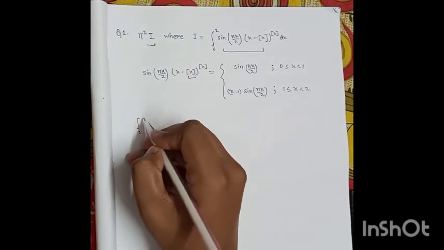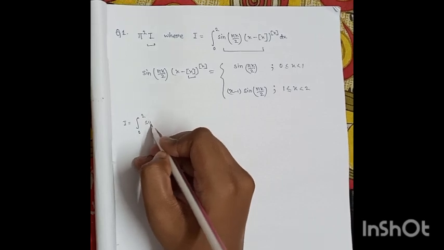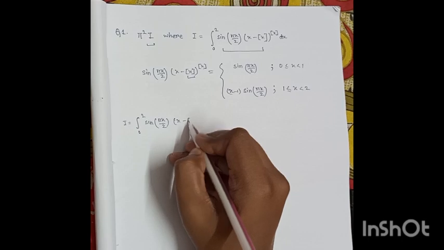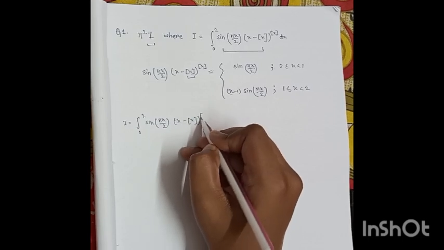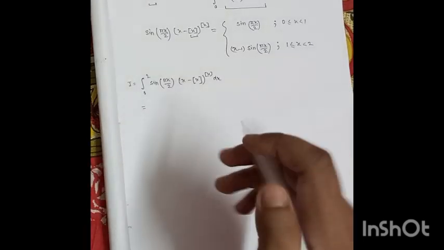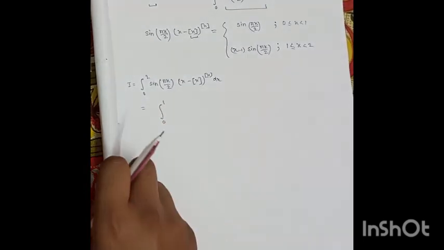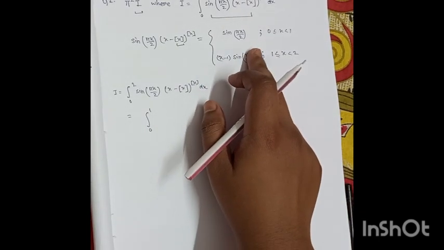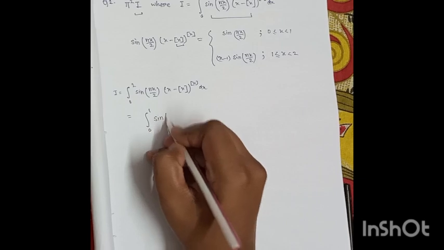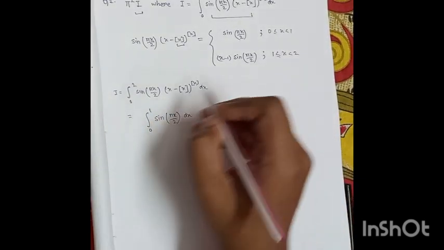Now the given integral I, which is sine of pi x by 2 into x minus greatest integer x whole to the power greatest integer x dx, can be written as the sum of two separate integrals, which is integral 0 to 1, and from 0 to 1 our function is this, into dx.